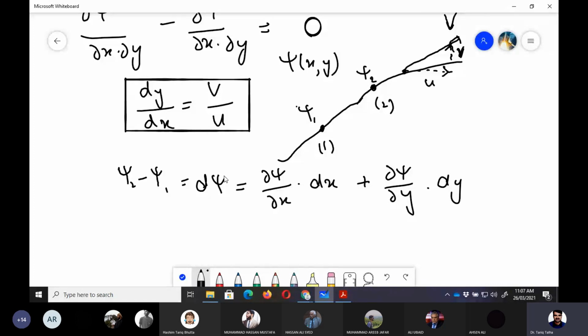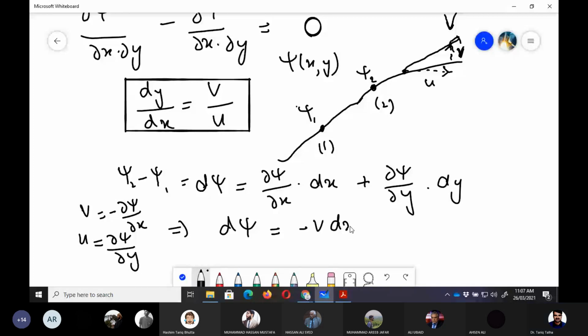Now, we know the definition that v is equal to minus partial psi upon partial x, and u is partial psi upon partial y. So if we put these values here, d psi would be equal to minus v into dx plus u into dy.